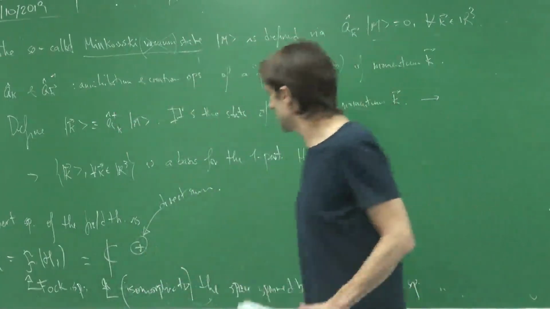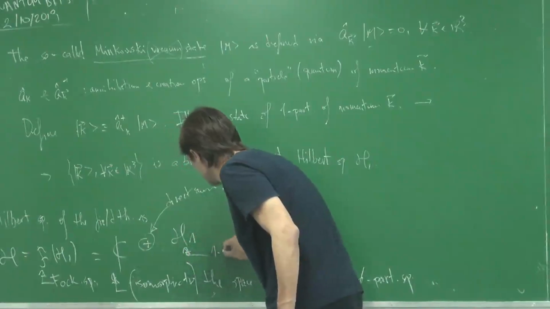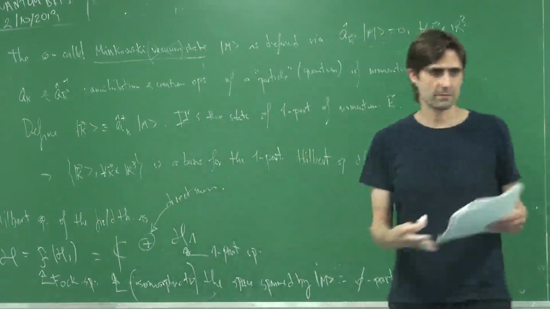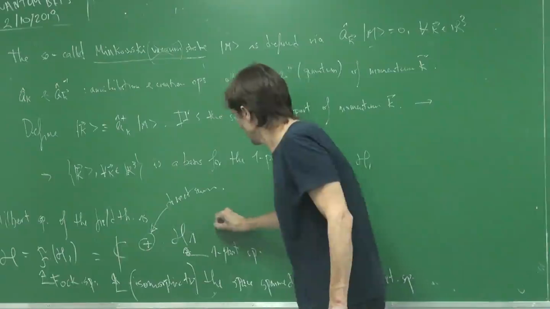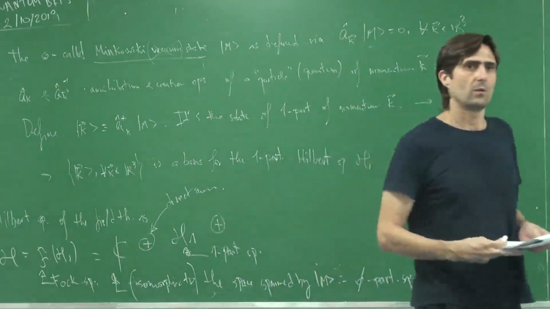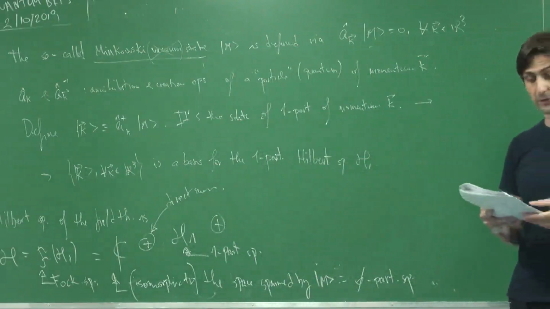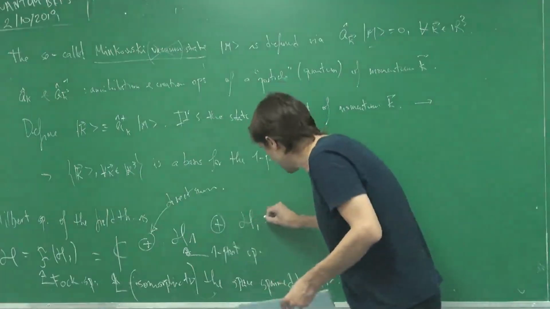And then you've got the one particle space, we just see how it's built. And now we need the two particle space, but this is a bosonic field, so we need to symmetrize this. So this is H1 tensor product.